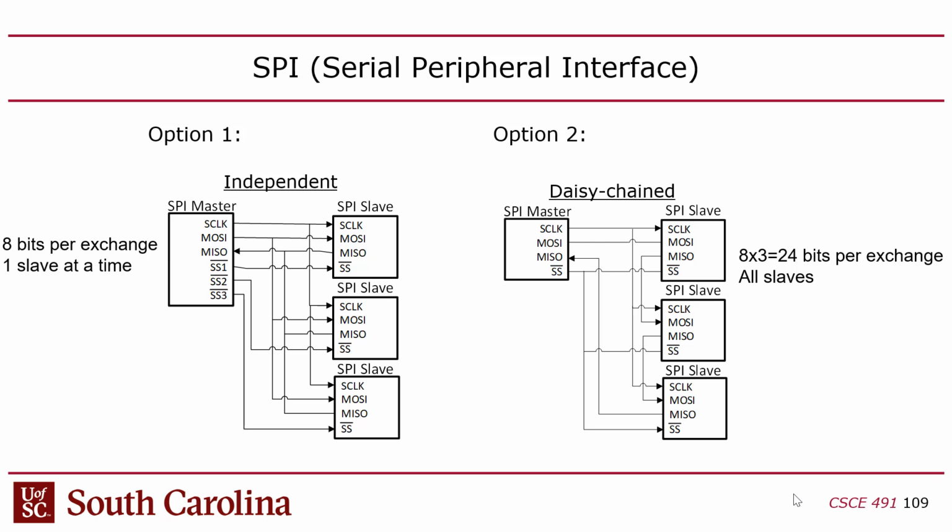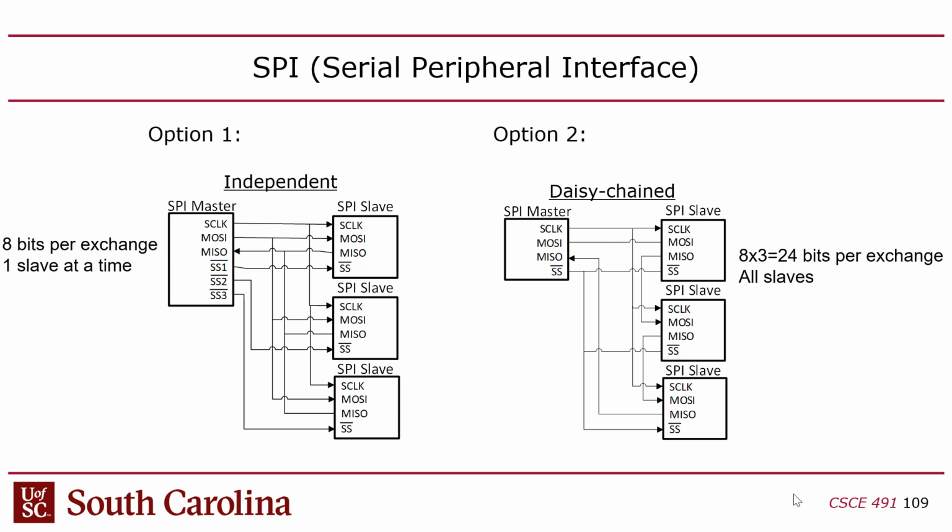So what's happening here is that I can get away with one slave select, but whenever I do an exchange, that's when I do a swap. I always get the terms screwed up. An exchange would no longer be 8 cycles. An exchange would have to be 24 cycles, right?